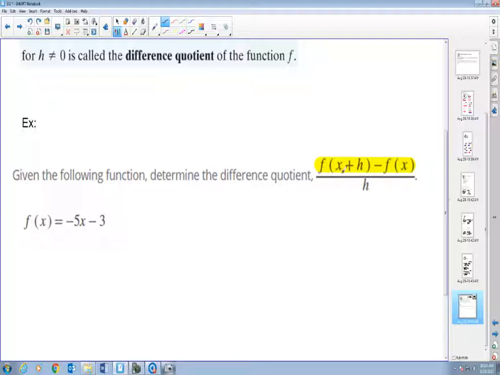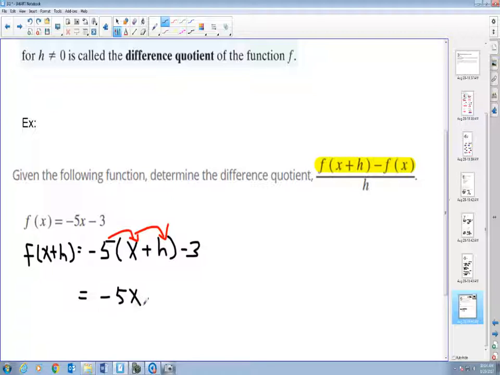So let's figure out what is the x plus h. Substitute x plus h for every x you see. That will give me negative 5 times x plus h minus 3. If I do a distribution, then what I should get is negative 5x minus 5h minus 3.